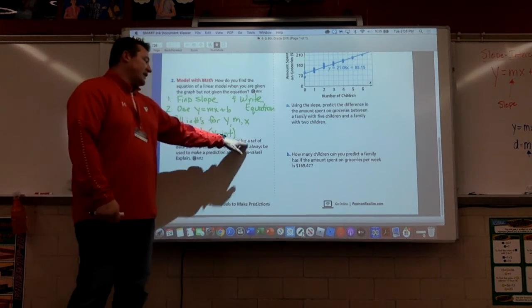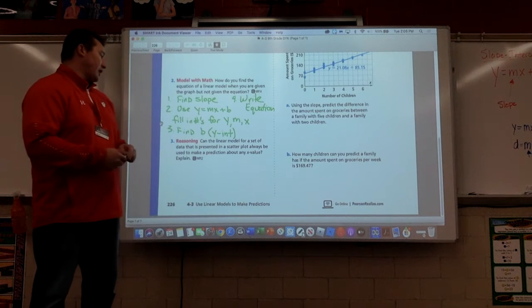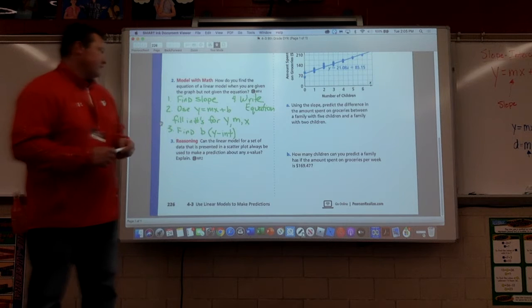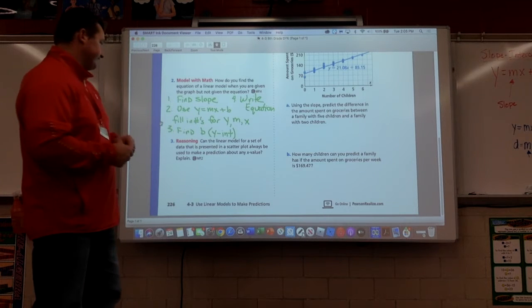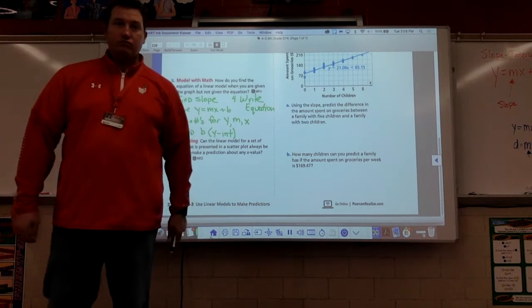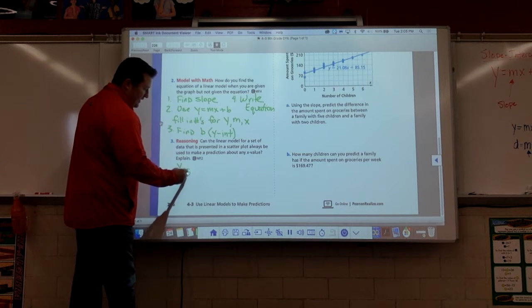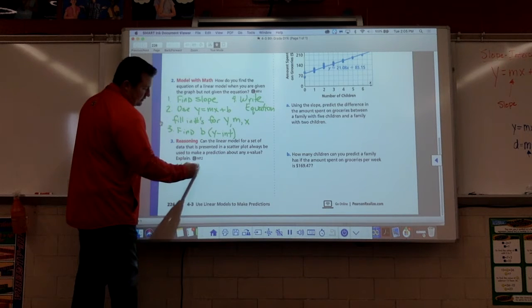Can the linear model for a set of data that is represented in a scatter plot always be used to make a prediction about any x value? Predict any x value? Sure, absolutely, right? We would say yes.